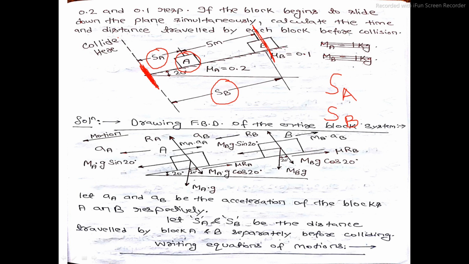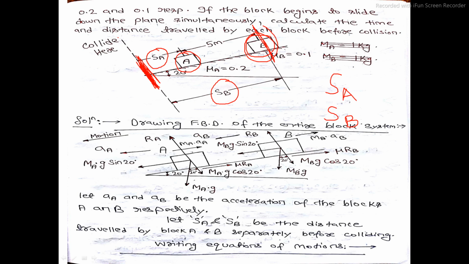This is the first part of the problem. The second part of the problem is to find the time taken by each block before collision. That means how much time block A takes to reach the colliding point, and how much time block B takes to reach the colliding point.